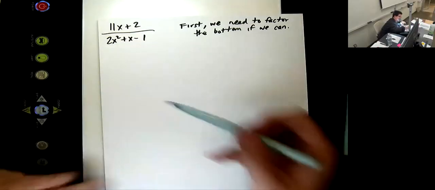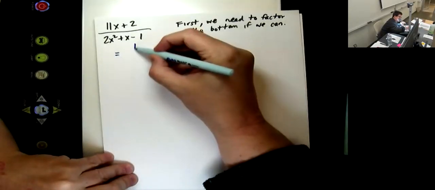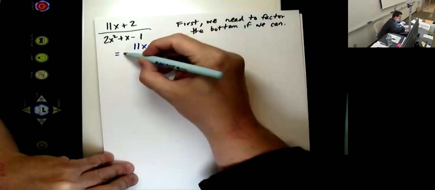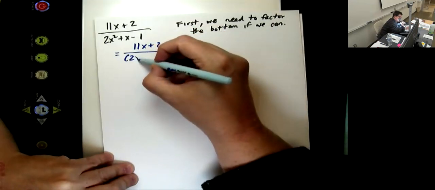When you factor it, you should get 2x minus 1 and x plus 1.